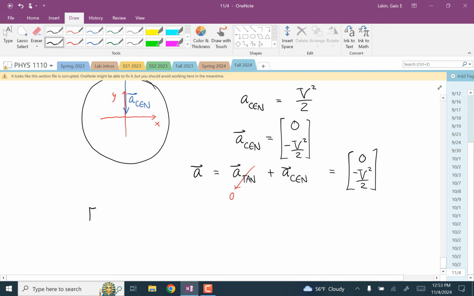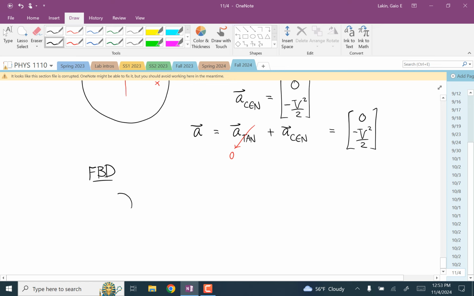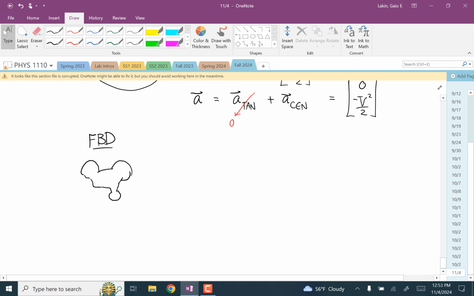And now I'll go to the free body diagram. So this is the shape of an upside down motorcycle. Perfect. There's a weight force down of 200 times 9.81, so that's 1962.